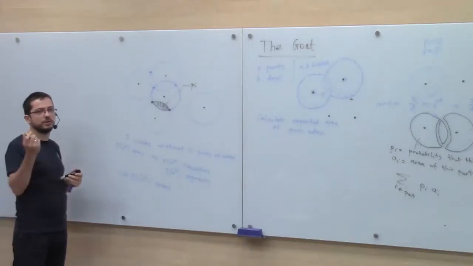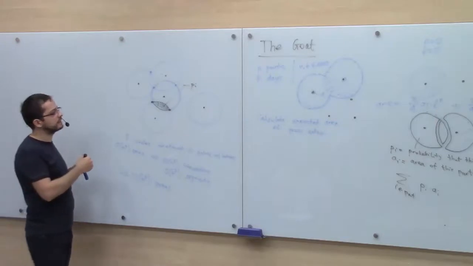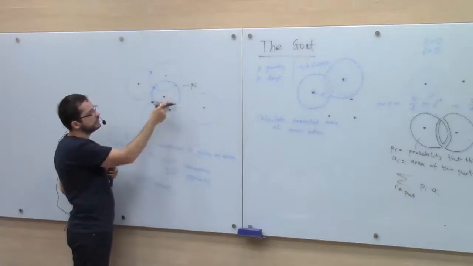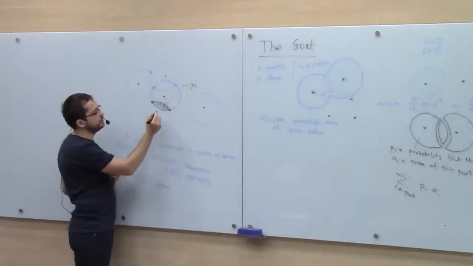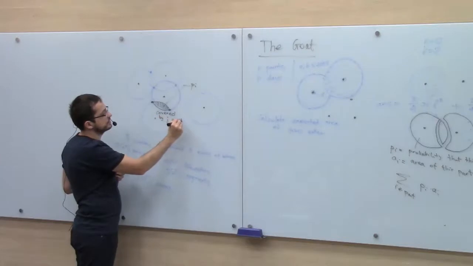Because what is the probability it won't be eaten after 1 day? Let's say that here this part is covered by 2 circles, but in general let's say that this is covered by j circles.